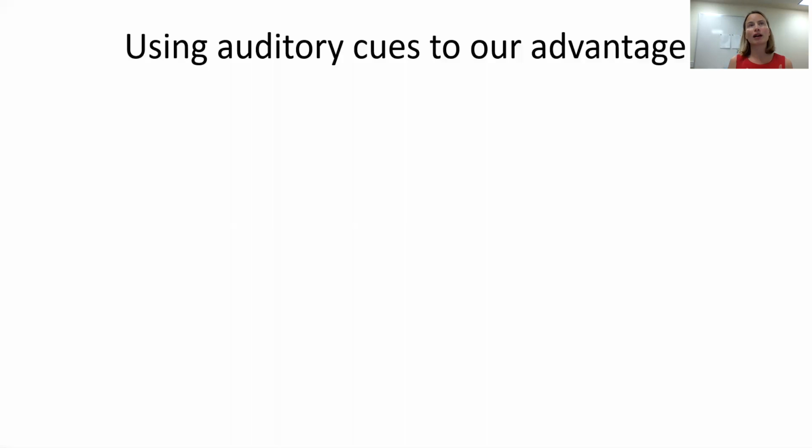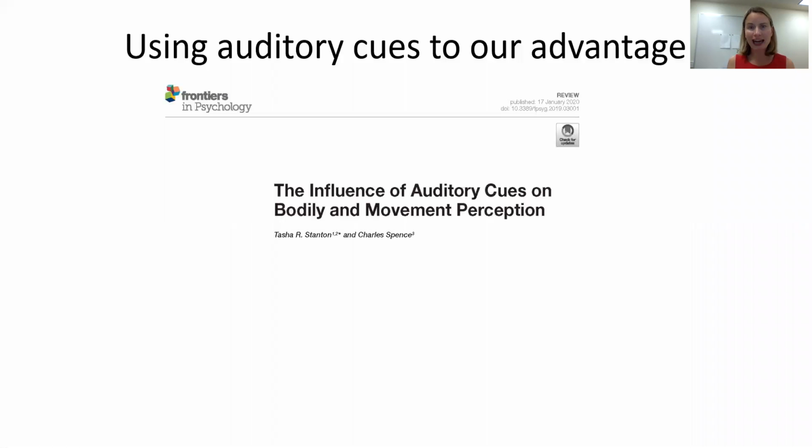The last thing that I want to talk about with auditory cues and using them to our advantage is this idea that we really don't use them with very many different things, despite the fact that they can have large influences on our perception.